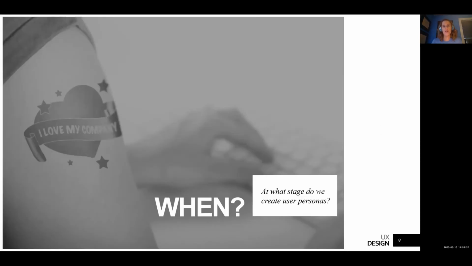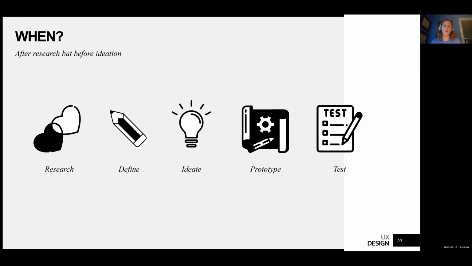Well, now that we understand what personas are and why we create them, let's talk about how we actually create them. Now, we create user personas after our initial research and before we start ideating any kind of solutions. And here's why. User personas may have a fictional name and a fictional photo to represent them, but everything else is based in fact.